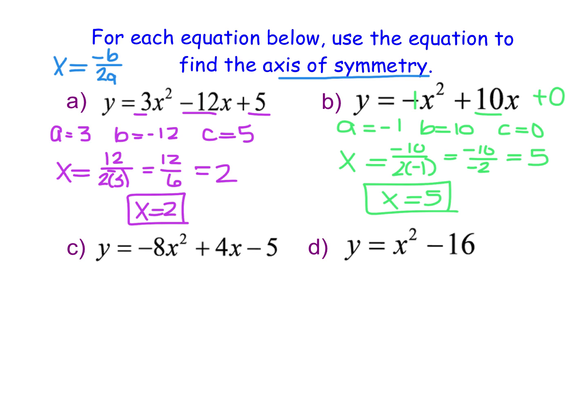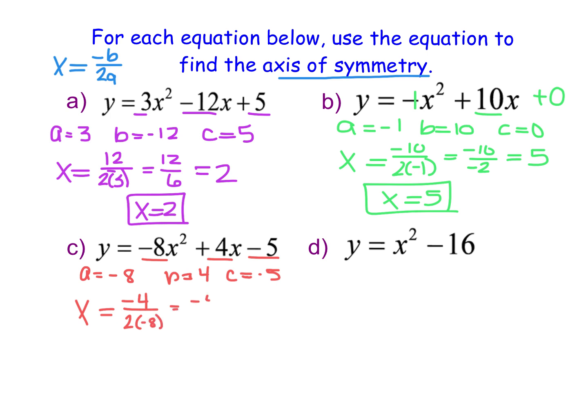Then if we move down to example C, we have a is equal to negative 8. B is equal to the coefficient of x, which is 4. And c is equal to this constant here, which is negative 5. So to calculate our axis of symmetry, we have x is equal to opposite b, which is negative 4, over 2 times a, which is negative 8.